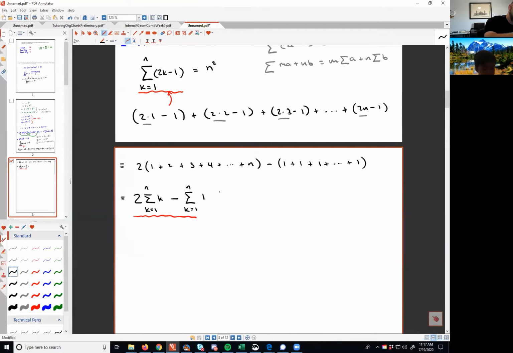Well, since those are the same, this one also equals n squared. Do you see that? Mm-hmm. Wow.